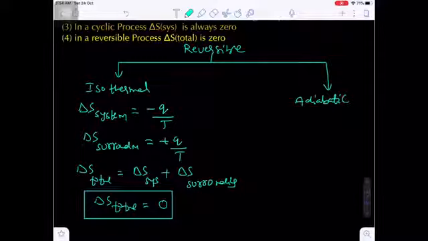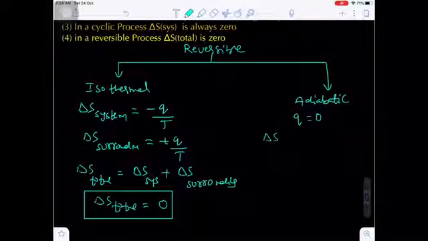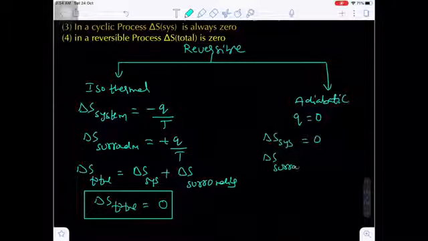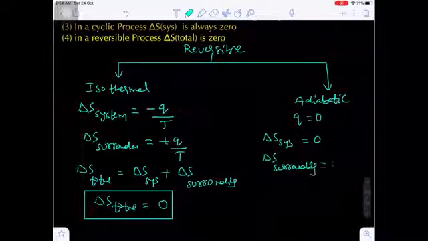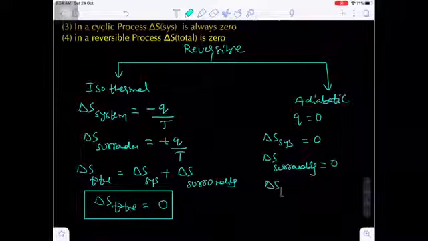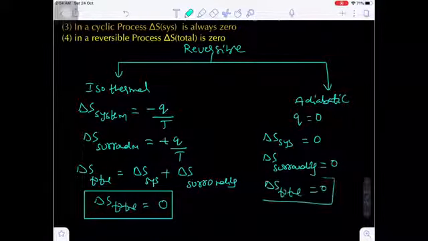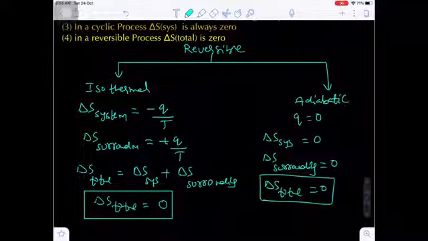Now come to right hand side. In adiabatic process, no heat exchanges between the system and surrounding. Yes or no? That means delta S system will be equal to 0. Delta S surroundings will be equal to 0. So delta S total will also equal 0, because 0 plus 0 is again 0.